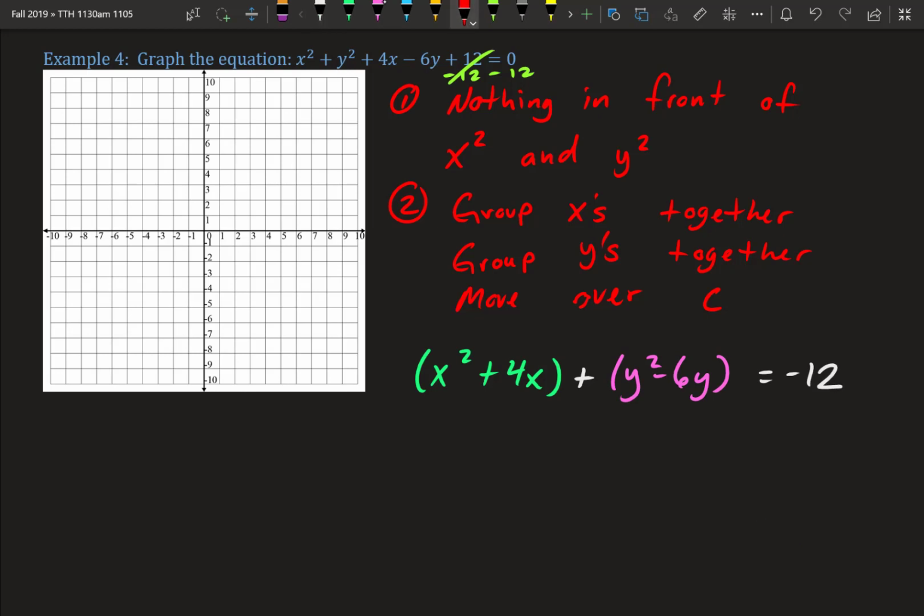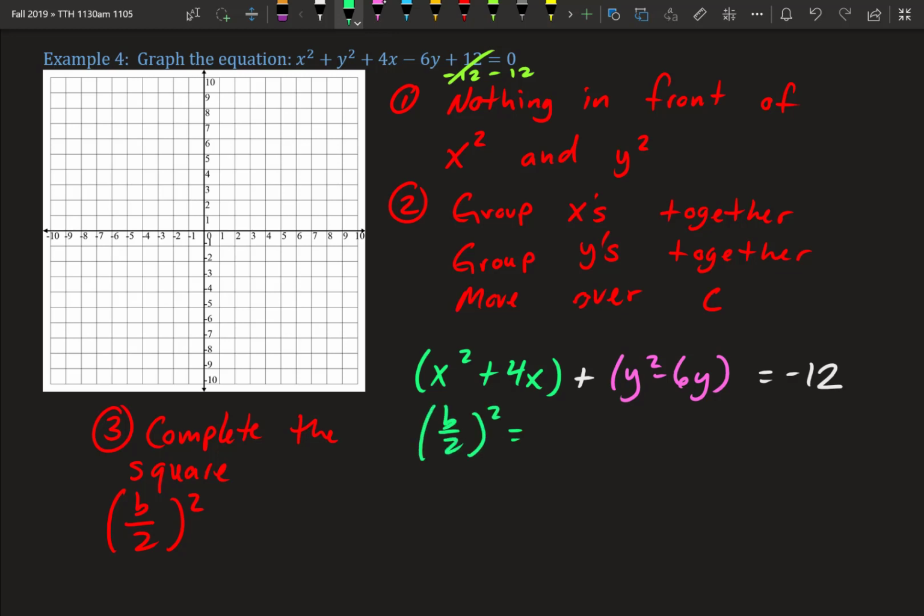All right, from here, we're going to complete the square. To complete the square, it's a formula, which is (b over 2) squared. So we're going to take our b's for each group and plug it into our formula. So for our x's, we're going to do (b over 2) squared, and b is the number that's just with normal x, not x squared, just normal x.